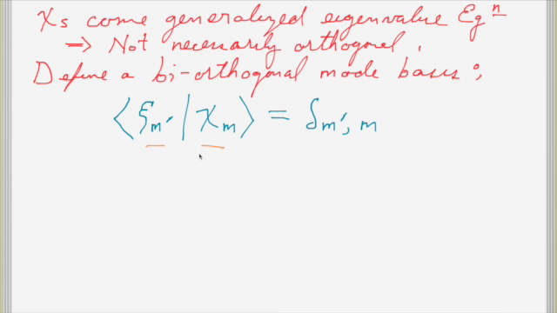So the z's are also a basis, and they would be your bi-orthogonal basis. Your chi's are a basis, and they're defined so that what I just wrote down is true. Okay, so let's do this projection now.